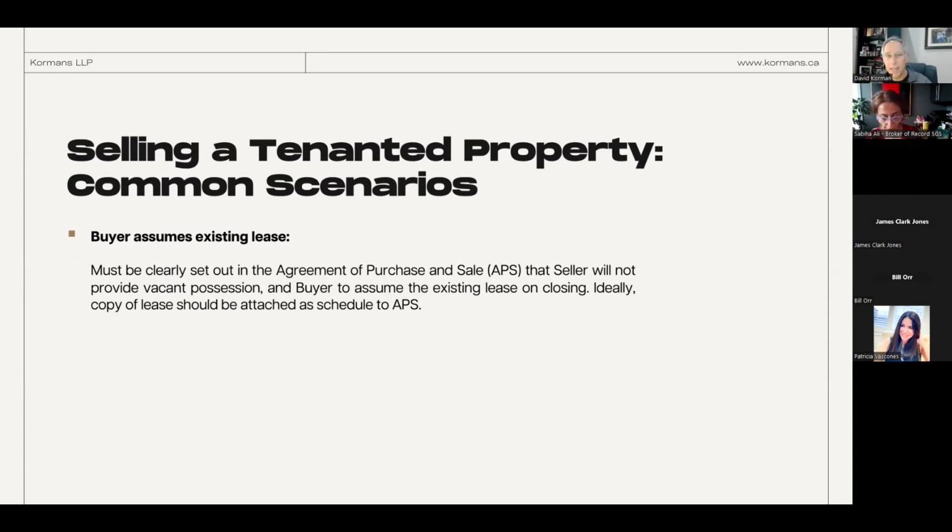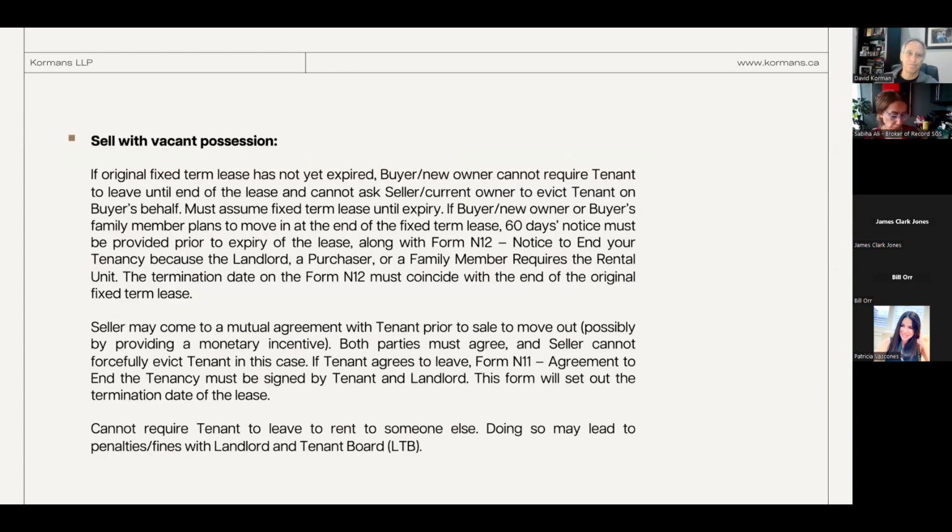And if there's more than one tenant in the place, oftentimes there is, even in residential properties, there might be someone on the main floor, there might be another tenant in the basement, or maybe there's a few different floors. Then each one should be described and included in a schedule to the agreement of purchase and sale. So that's your selling, and it's going to be subject to a tenant and a tenant's going to be assumed. So you're going to deal with that.